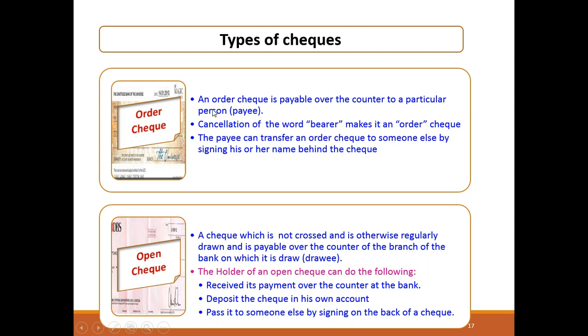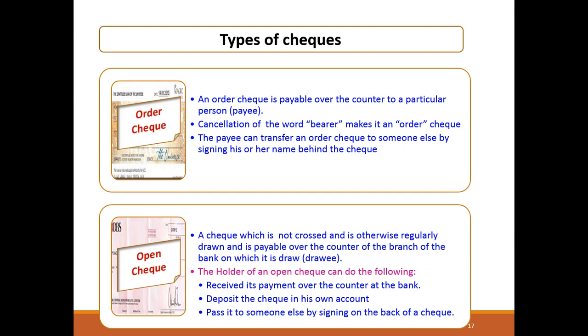Tapi kalau yang order check, payable over the counter to particular person which is payee. Then the word cancellation of bearer make it an order. Bila kita potong perkataan bearer dekat check, benda tu akan jadi order.